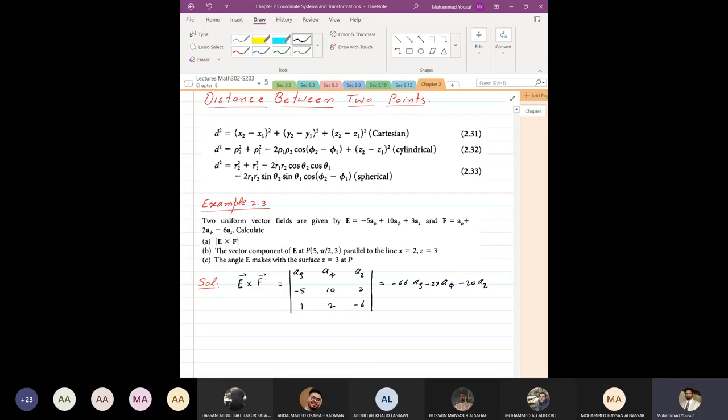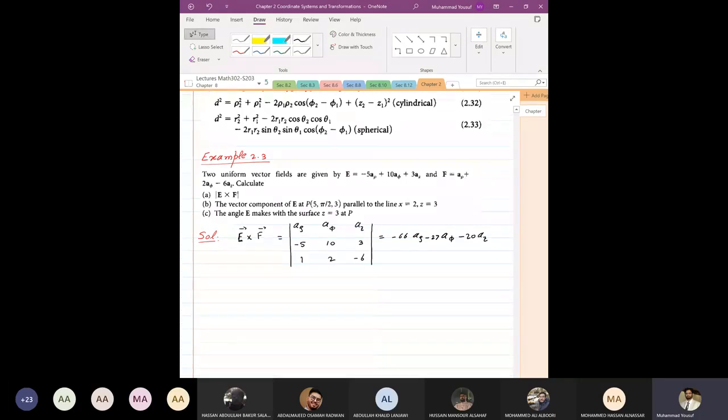So that's it. And finding the magnitude of E cross F, the magnitude is the square root of -66 squared plus -27 squared plus -20 squared.